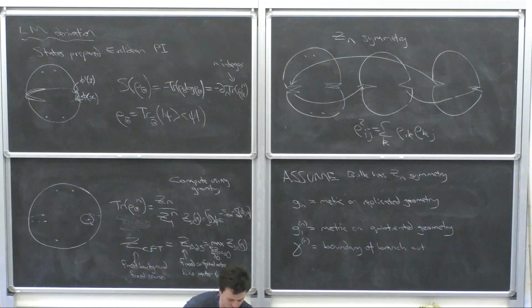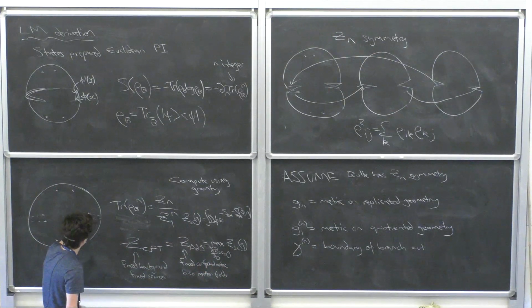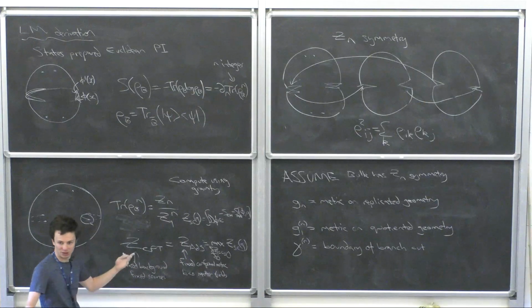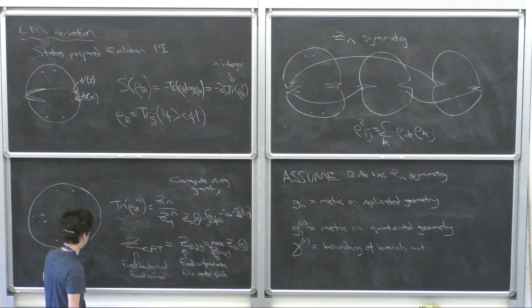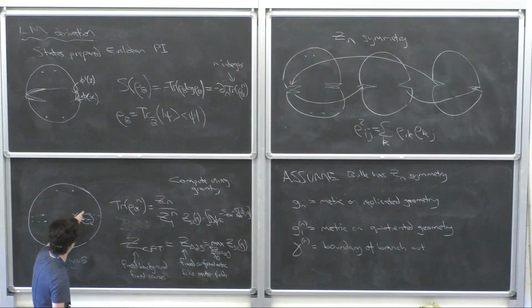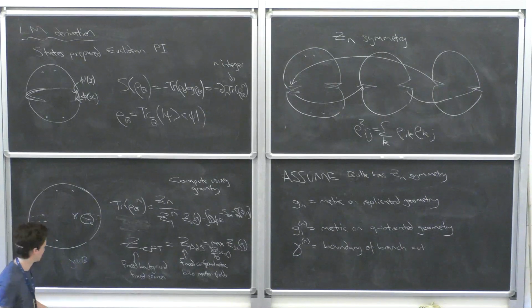Because this bulk geometry has to match these boundary conditions here, if we have some surface gamma, near the boundary the branch cut just has to become this branch cut big B. So we necessarily have to have, at least in simple cases, that gamma union B gives the entire boundary of the branch cut, including the asymptotic boundary.